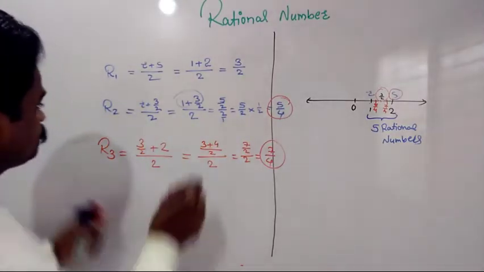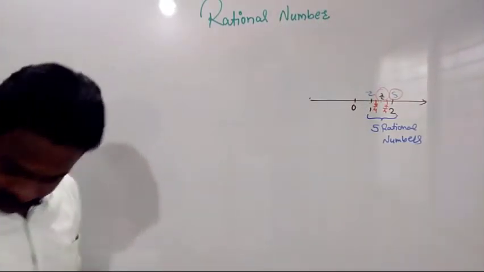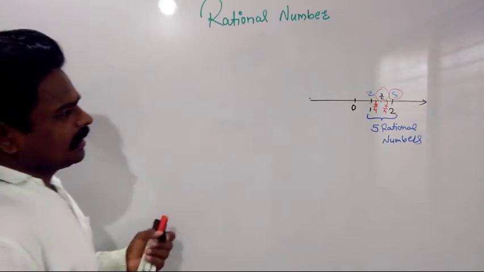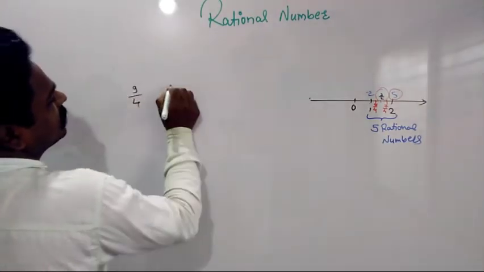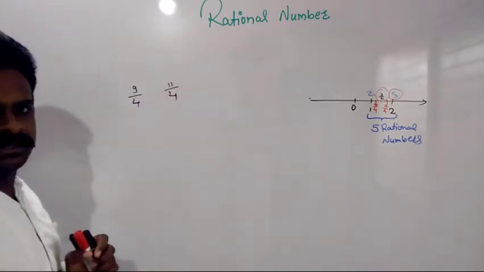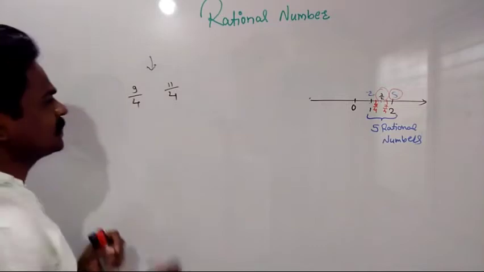Suppose I have given 9 by 4 and 11 by 4, these two numbers, and I need to find a rational number in between these two numbers.